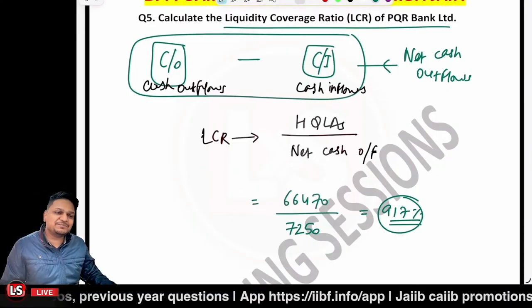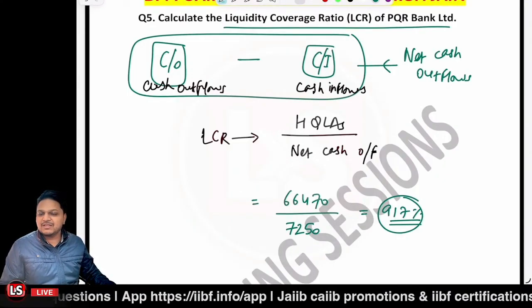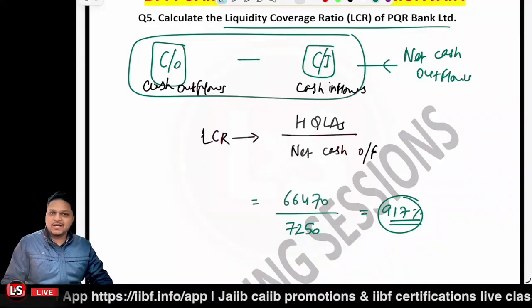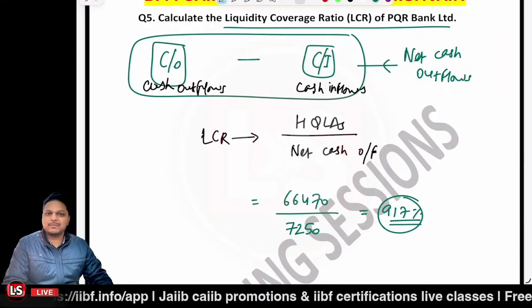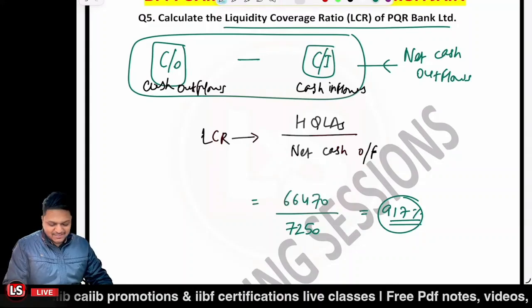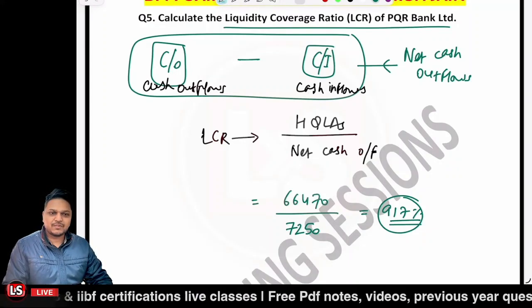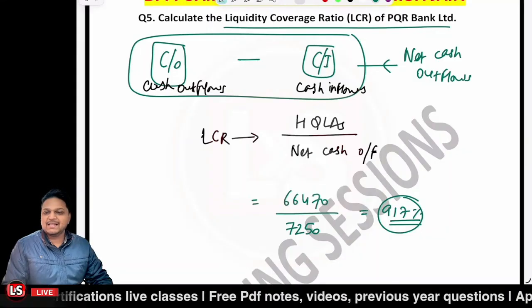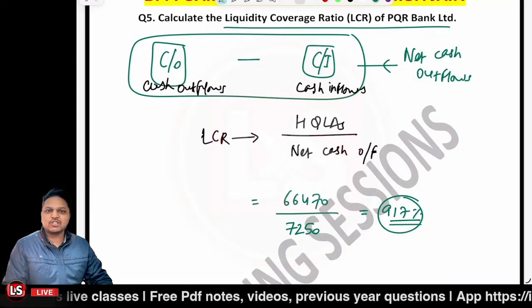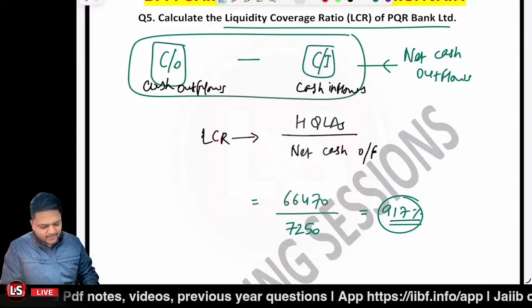Is that clear to you? Please confirm. So just in 30 minutes, we learned about the two major concepts. One is related to the HQLA, and the other is related to the LCR, liquidity coverage ratio, right? And LCR is to be maintained at what percentage? It is to be maintained at 100%. So the bank is actually following the guidelines.